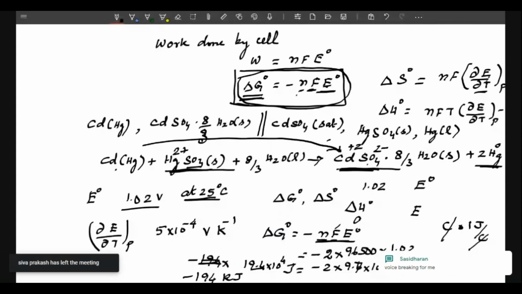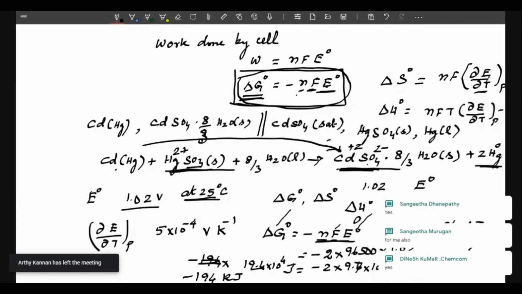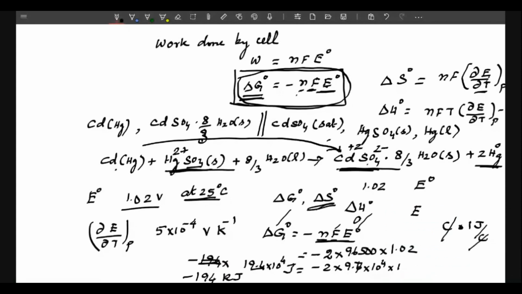Another is, if delta G0 is given with E0, then they may ask what number of electrons are involved in the process. Okay, we will see one by one in this section. Now you are asked to calculate delta S. What is the equation for delta S?